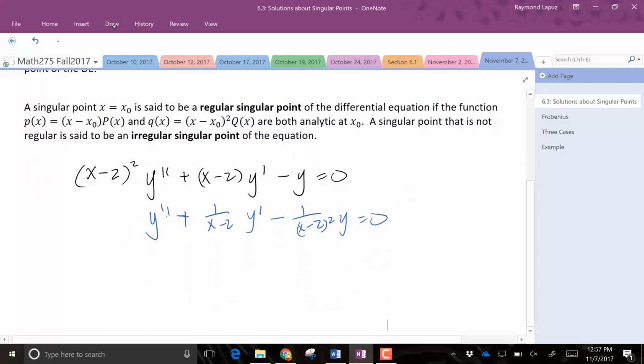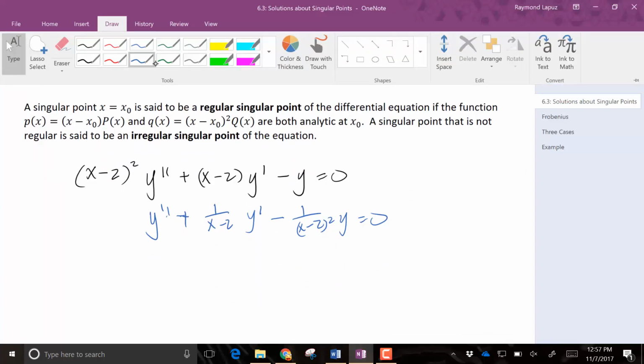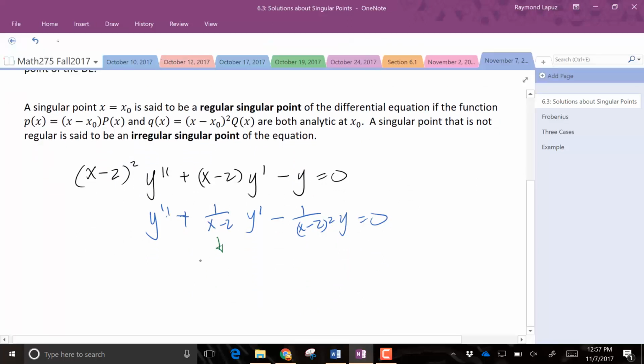So now we can identify our capital P and our capital Q function. And then we notice now that it is a singular point because it's not analytic at x equals 2.